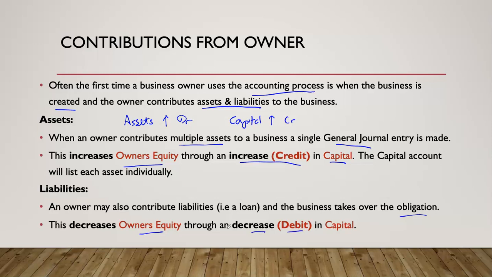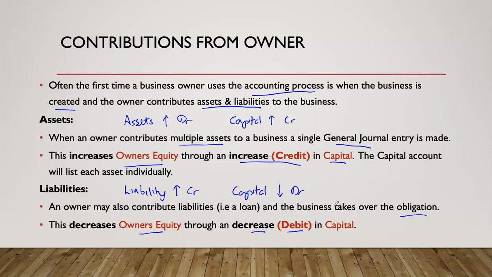So if a liability is contributed to the business because the business is taking over the obligation, we are going to have a liability increasing, which is a credit, and our owner's equity capital is going to go down, which is a debit.